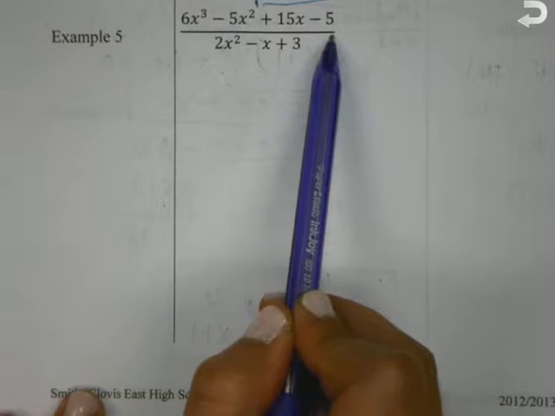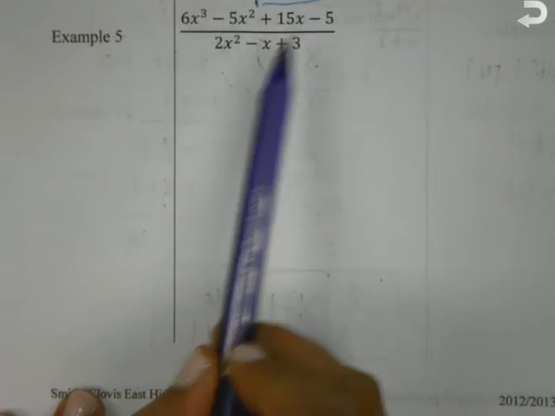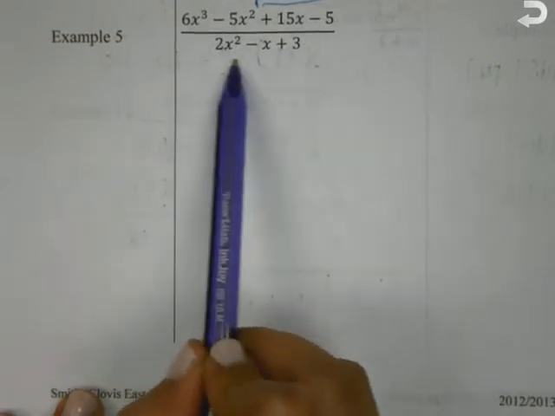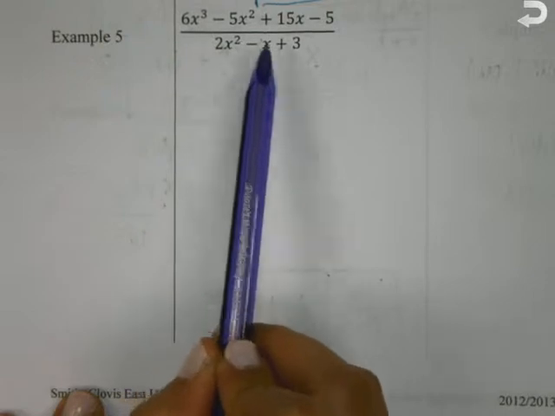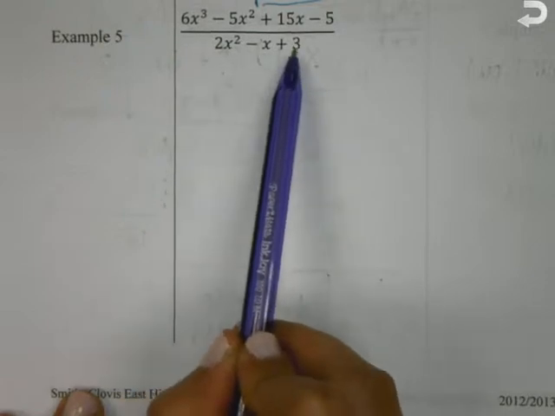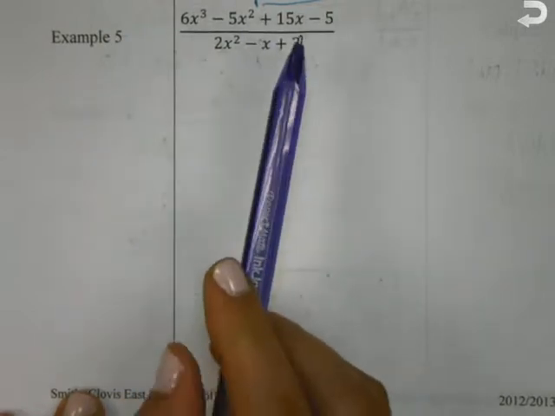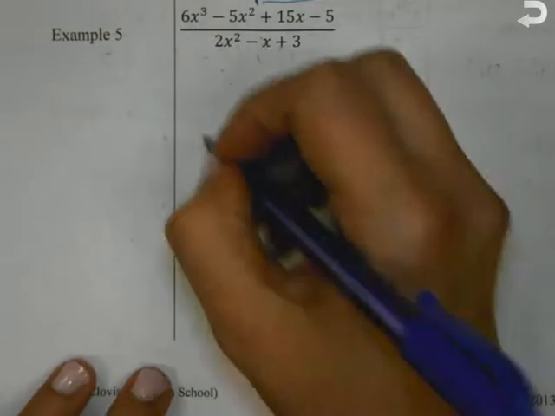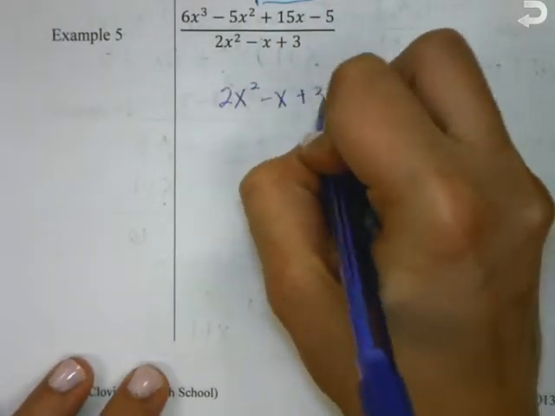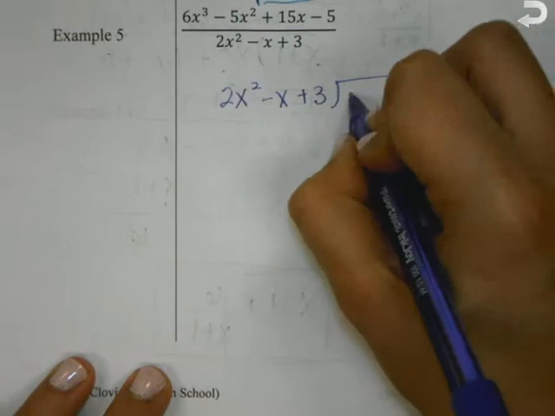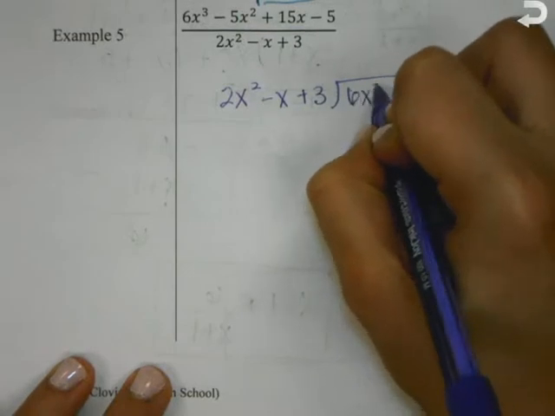So am I missing any? No, I'm not. So let's rewrite it first. 2x squared minus x plus 3 goes into 6x to the third minus 5x squared plus 15x minus 5. Go ahead and start working on this on the whiteboard. I'm going to come around and check it in just a second.